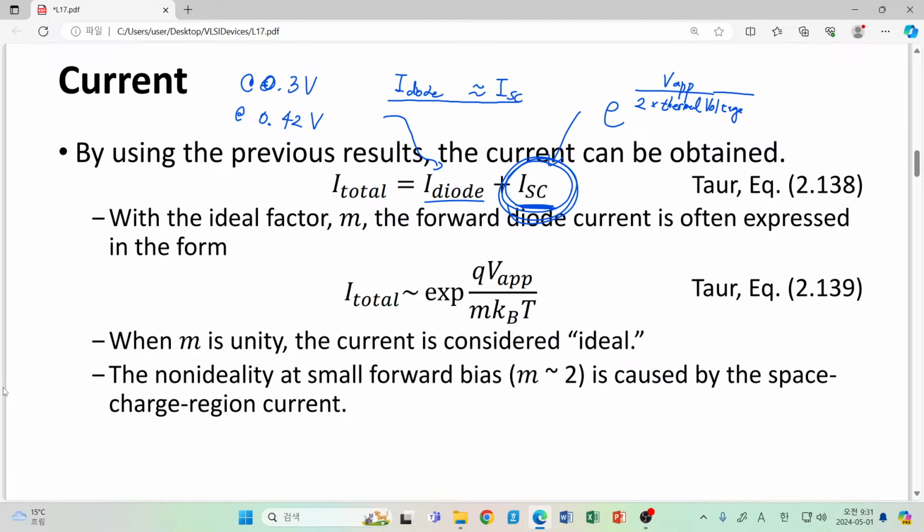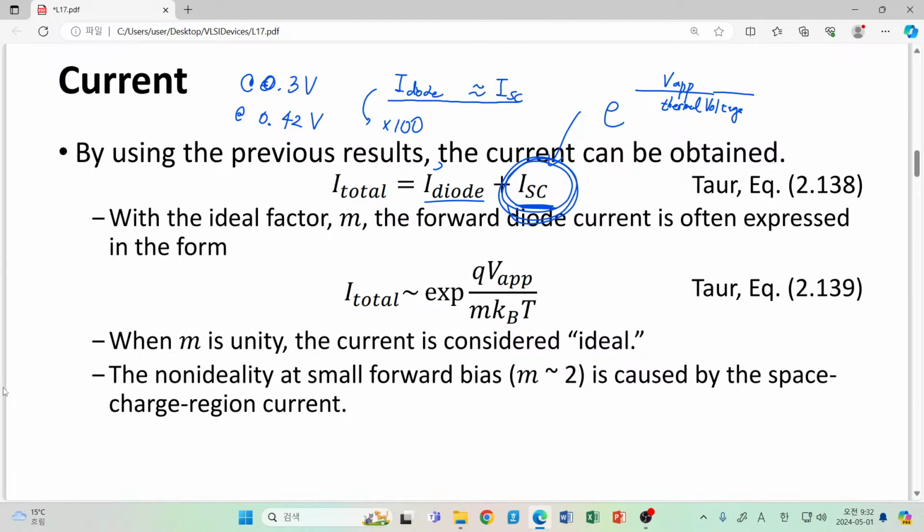After that, if we increase just 120 millivolt, then from our dependency, like e to the applied voltage normalized by thermal voltage, we can expect that there will be a 100 times increase in our diode current. We'll see later.